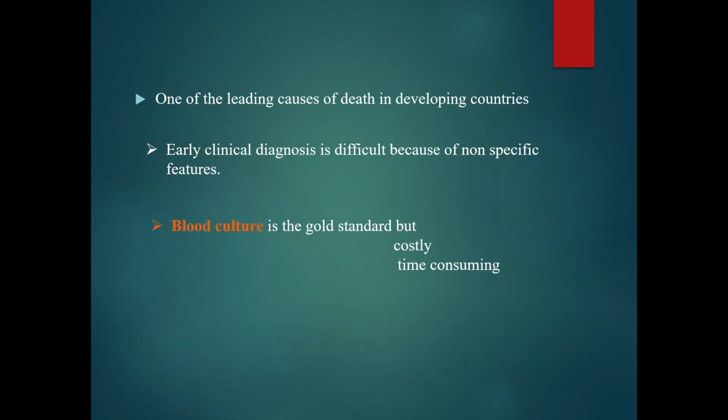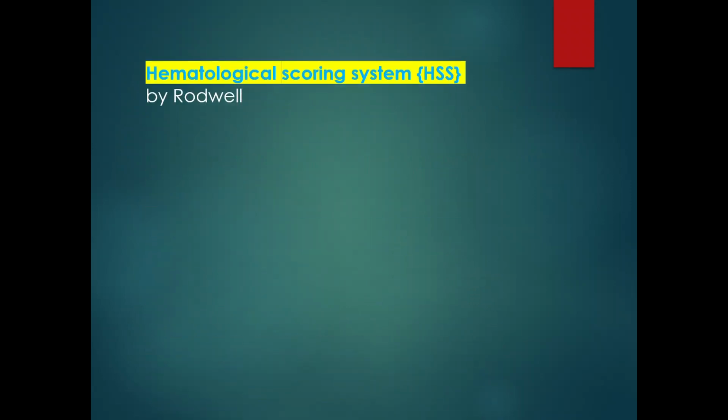However, blood culture is the gold standard for neonatal sepsis, but it is costly and time-consuming. A hematological scoring system was given by Rodwell, where certain hematological parameters were assessed and certain features were seen under microscope to rule out the cases of neonatal sepsis.